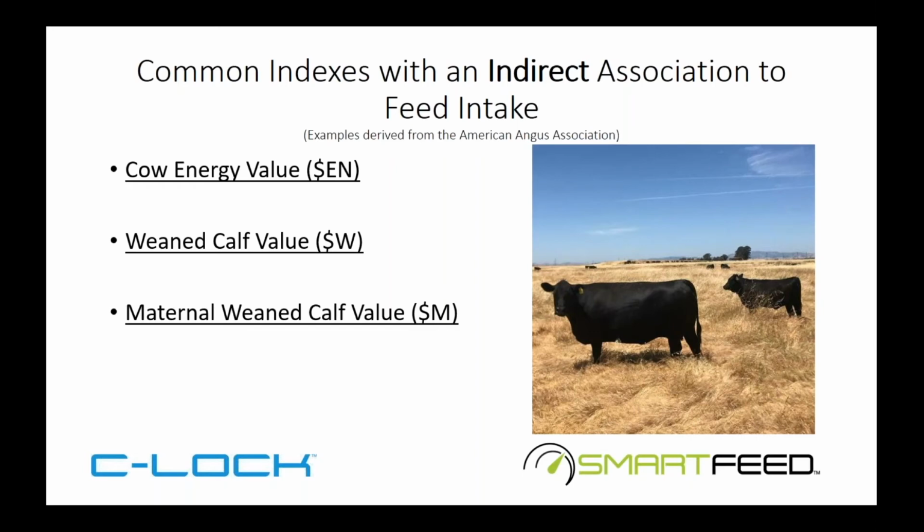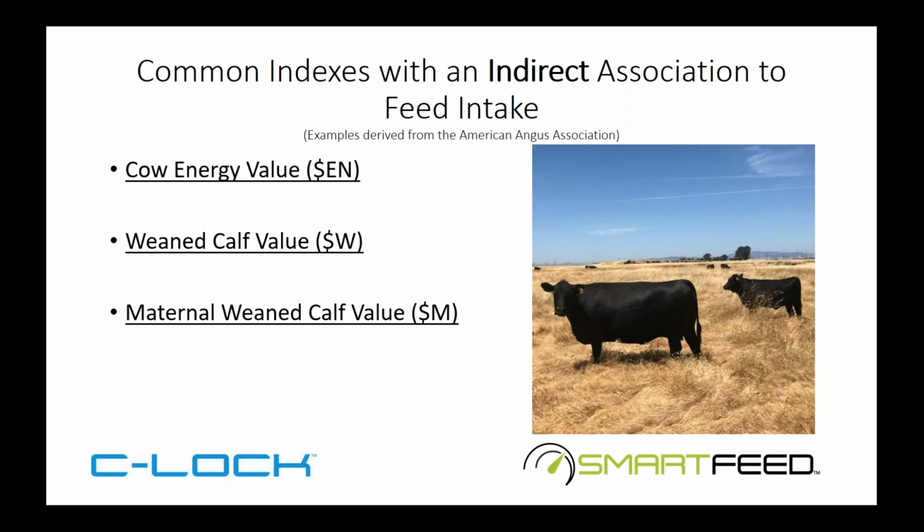As with all of the EPDs and indexes mentioned in our presentation today, it's very important that we understand all the information used to compile each specific number. The reason I mention this is, as you know, the calculations and weight of each trait included in these different tools are adjusted from time to time, which can sometimes drastically alter a bull's numbers in either a positive or negative direction.